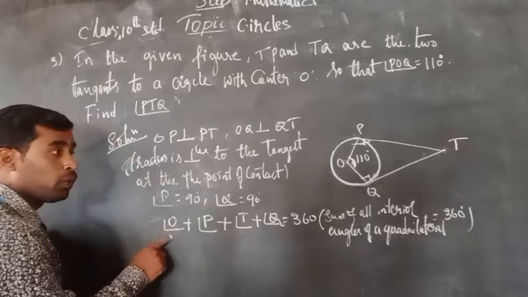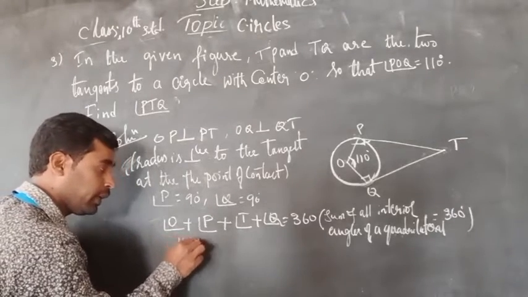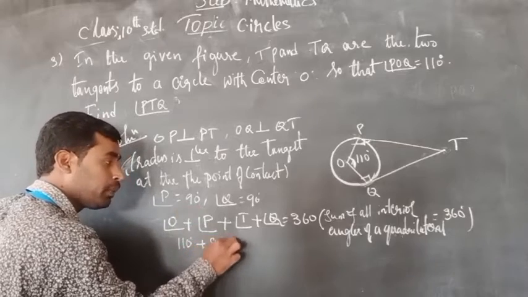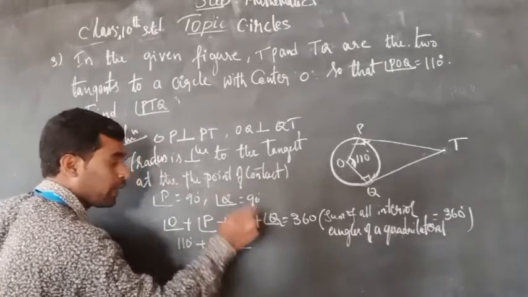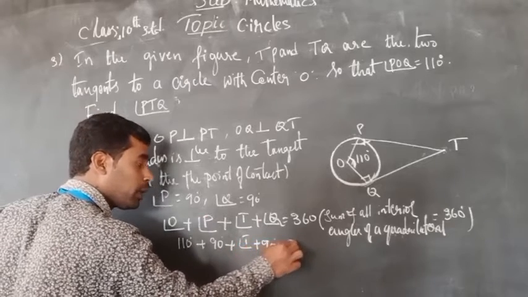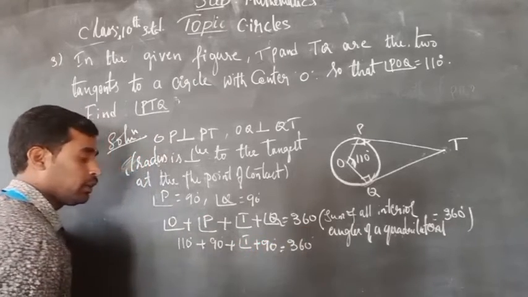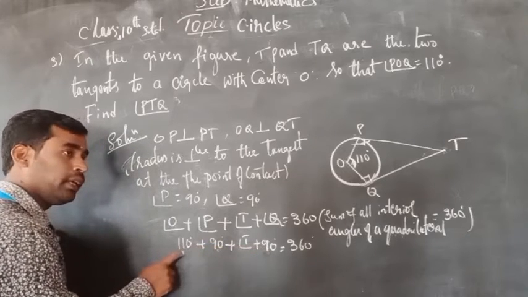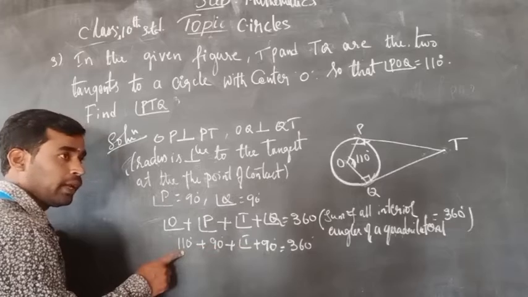Now angle O is 110 degrees, angle P is 90 degrees, plus angle T which will be calculated, plus angle Q 90 degrees is equal to what? 360 degrees. Now we have to add 90 plus 90, 180, plus 110 is 290.